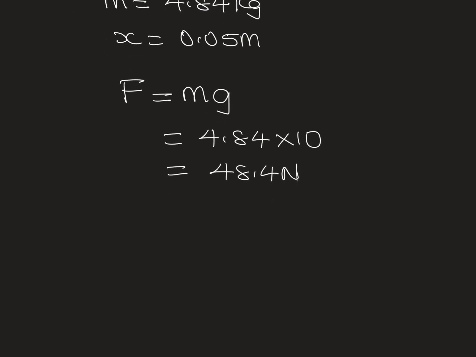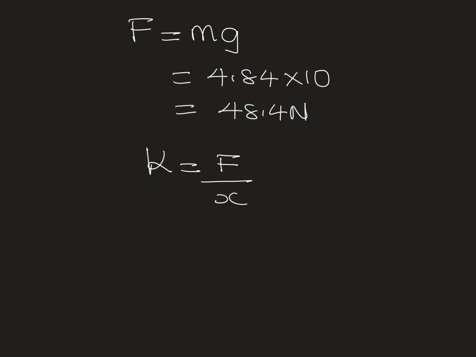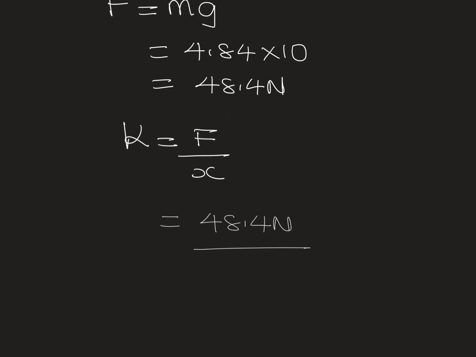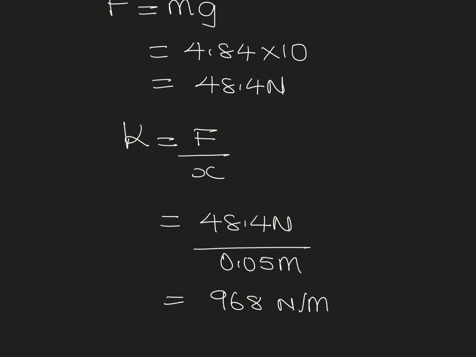Now, using Hooke's law, we know that K is equal to F divided by x. So the force is 48.4 newtons divided by the extension, which is 0.05 meters. When you do the math, we have 968 newtons per meter. That is the spring constant.